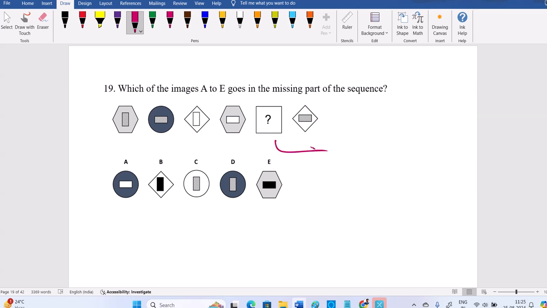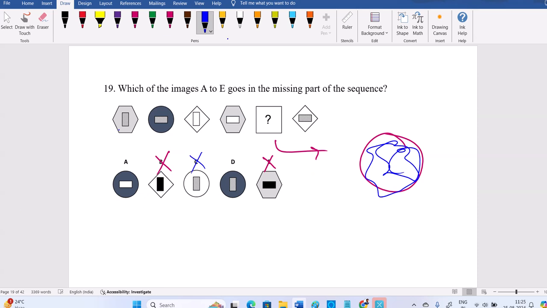First of all, the outline is a circle. So B eliminated, E eliminated. Then as per the color, we know it's like a gray and then thick blue likewise. So we can go with this color. So C eliminated because of that coloring issue.